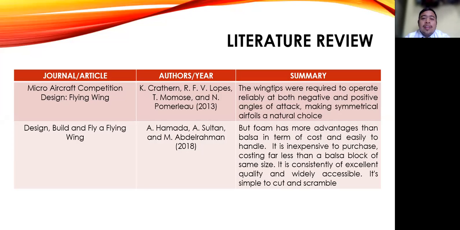Foam has more advantages than the balsa wood in terms of cost and ease of handling. It is inexpensive and easy to purchase, costing far less than a balsa block of the same size. It is consistently of excellent quality and widely accessible.